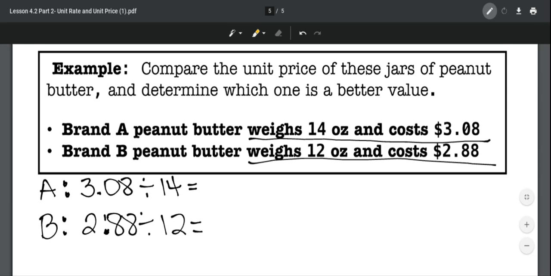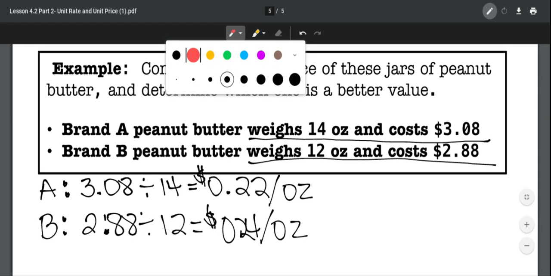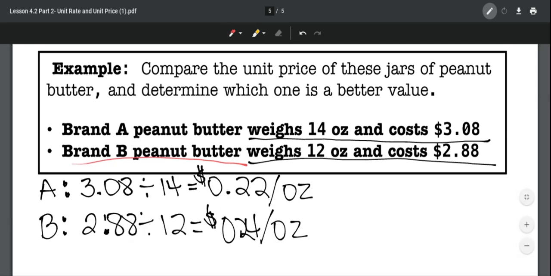When I use a calculator to determine the unit price, brand A costs 22 cents per ounce, while brand B costs 24 cents per ounce. Therefore, I want the better deal, so I will purchase brand A, which is cheaper.